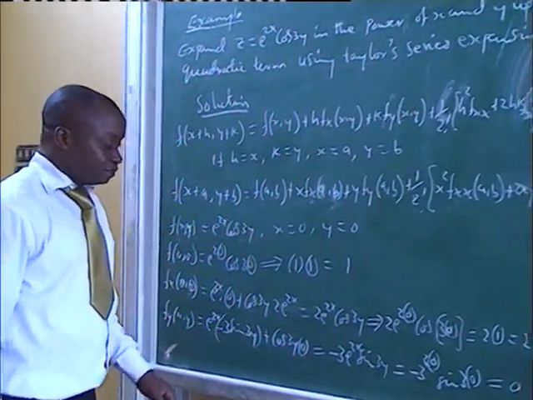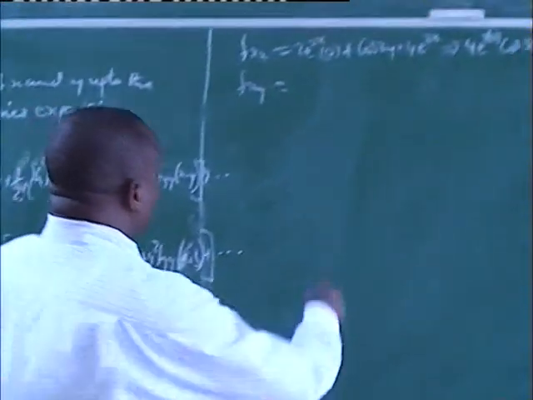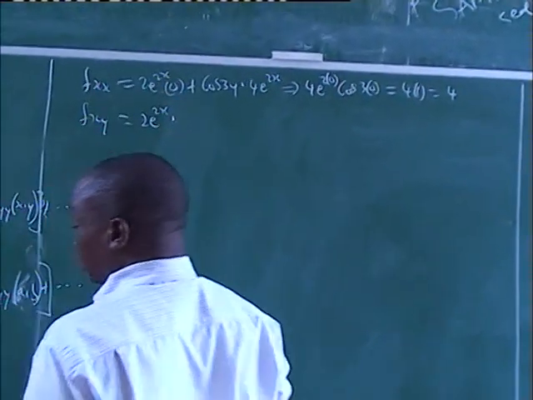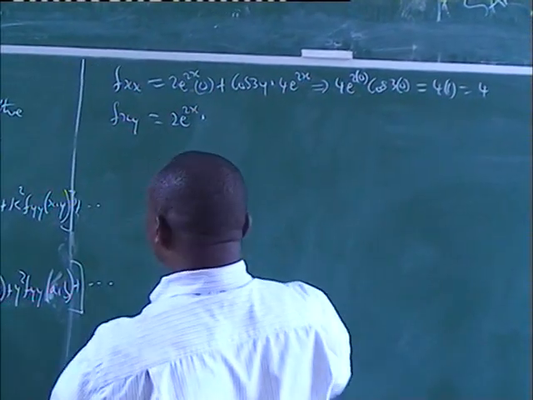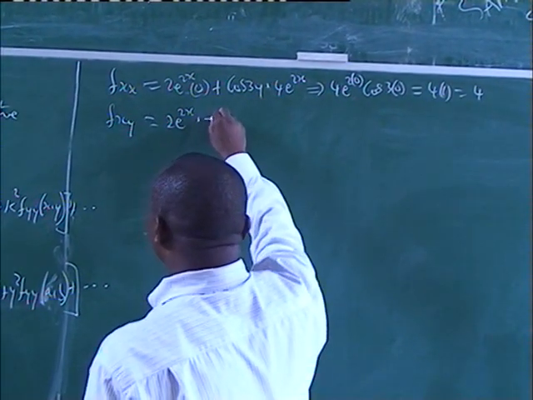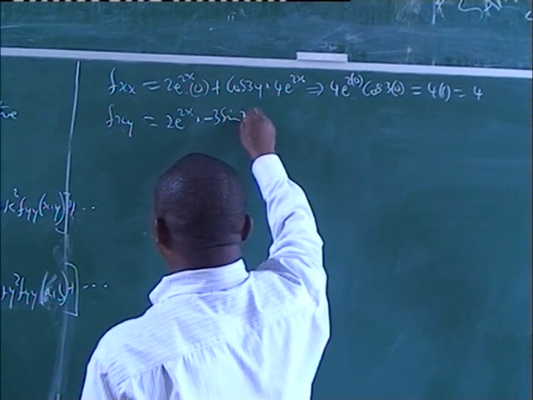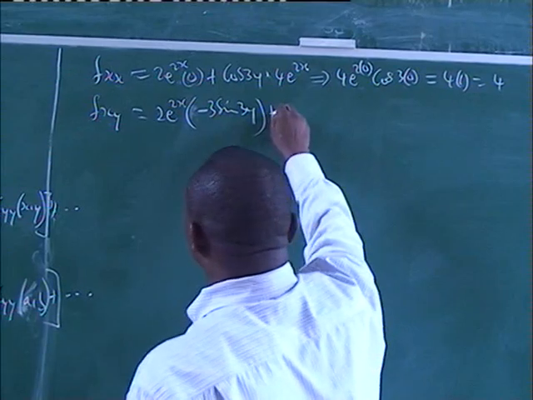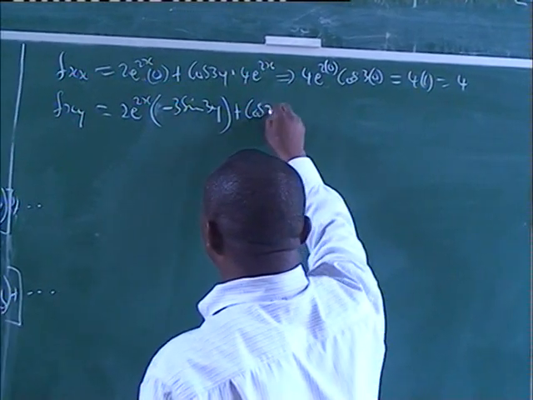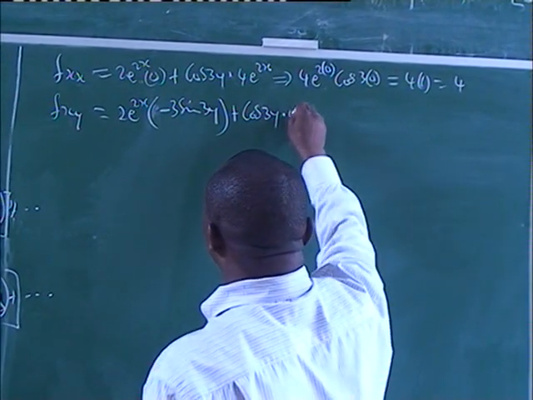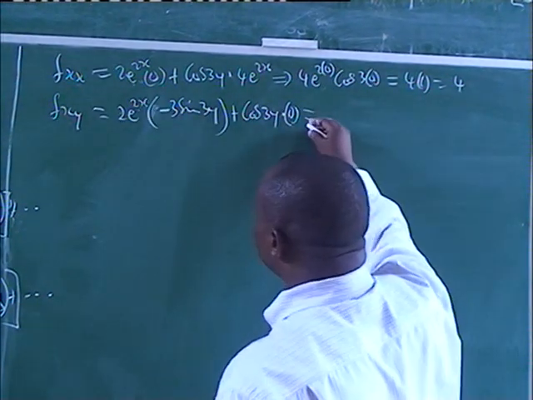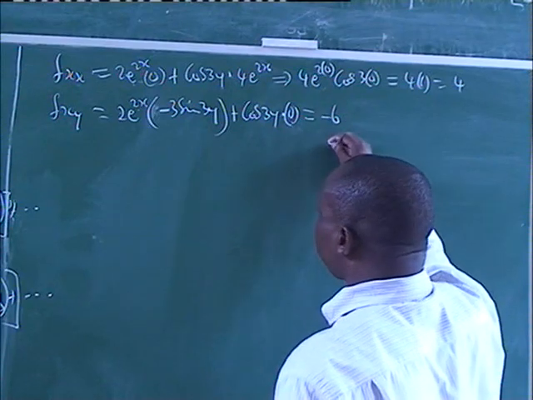That gives me 2 exponential 2x times, to differentiate cos 3y, you have minus 3 sine 3y, plus cos 3y times 0, because this one has no y. And that will give us minus 6.